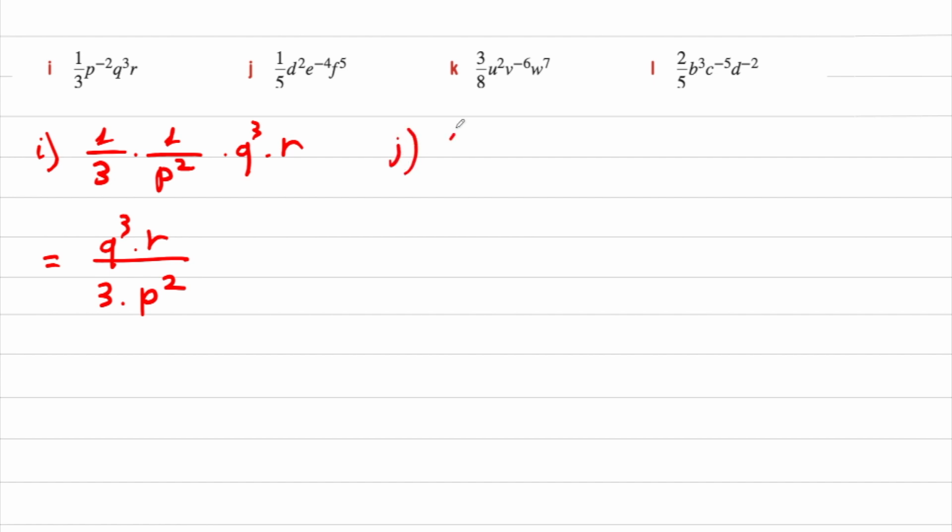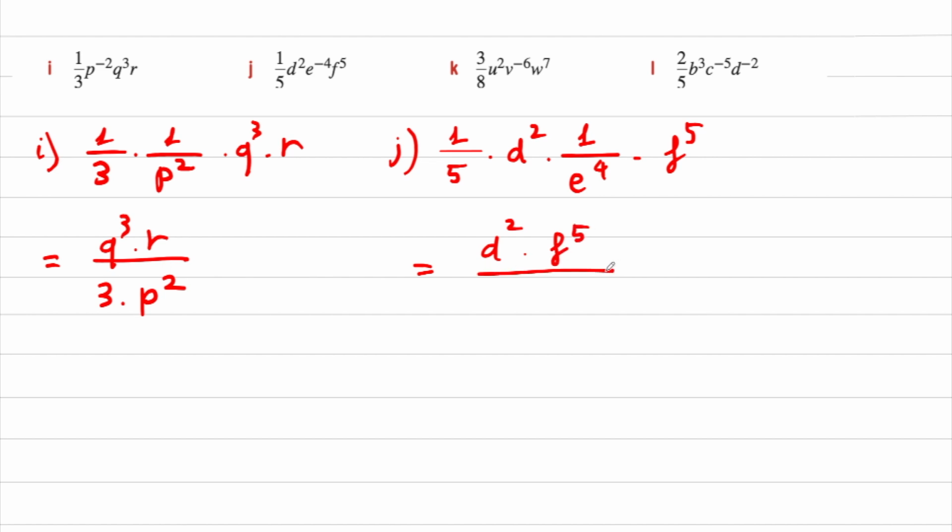Question J, 1 over 5 is okay, d squared is okay, e to the power of minus 4. I have to rewrite it in this form and then simplify it. d squared f to the power of 5 and then 5 multiply e to the power of 4.